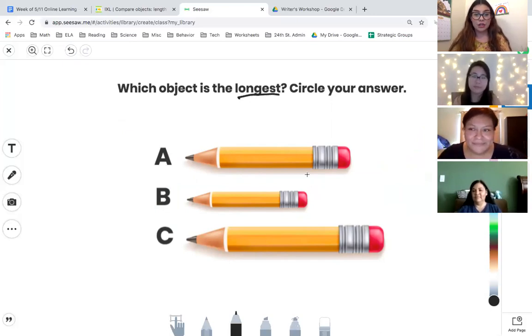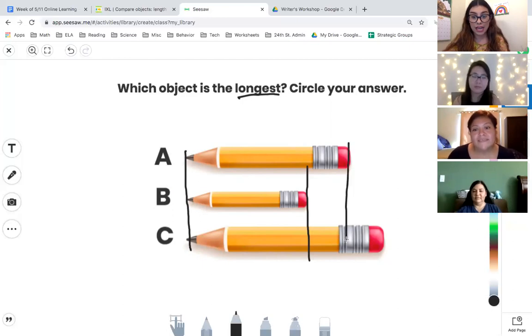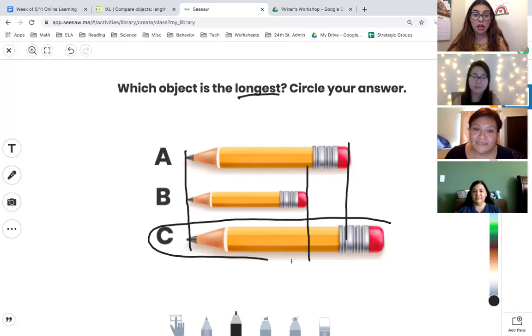All right, so I see they're all lined up at the same starting point relatively, and I can look at which one goes past all of the other objects. So I notice this pencil, pencil C, keeps going past that. So then let's check pencil A. Ooh, pencil C continues to be going past pencil A. So I know that pencil C is my longest pencil. And I'm going to circle it.